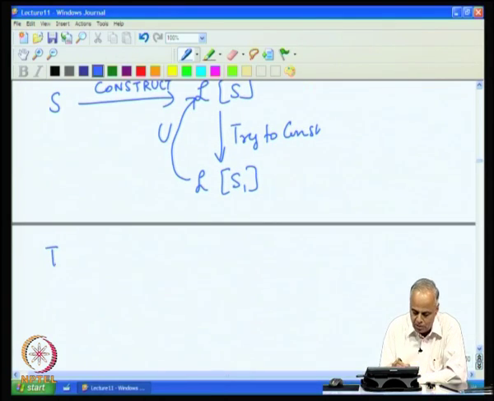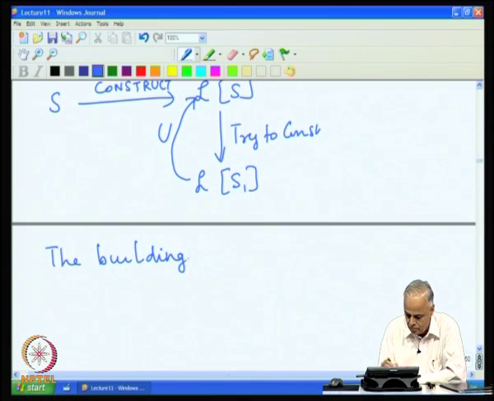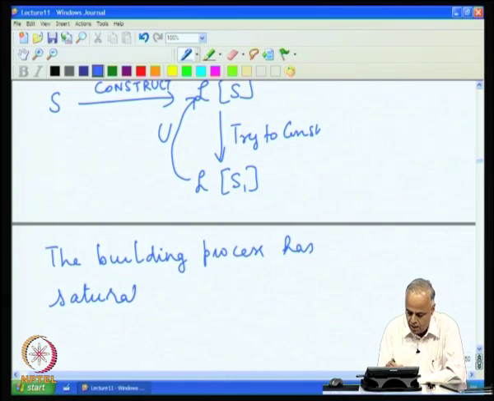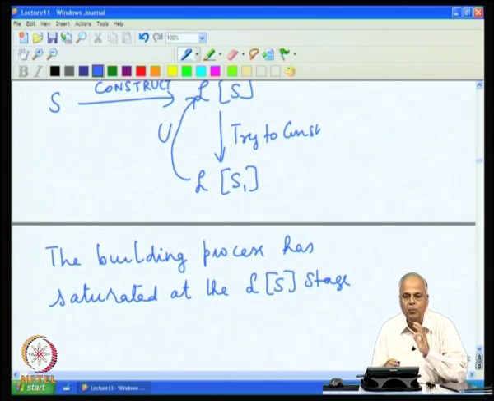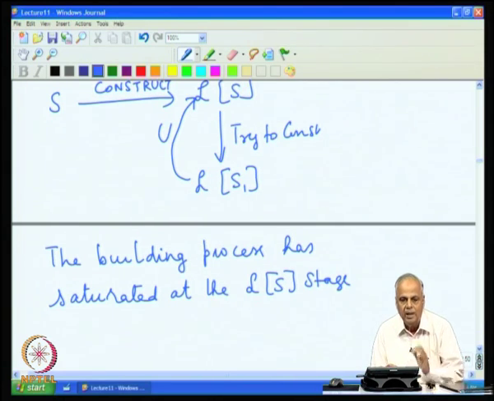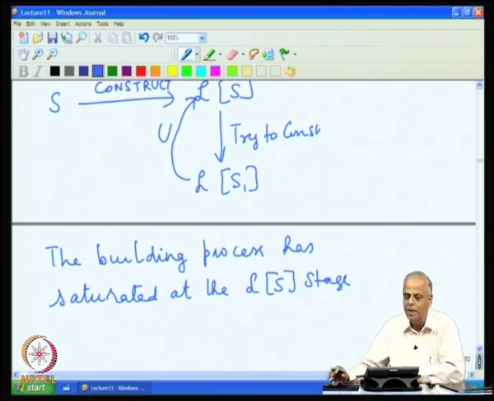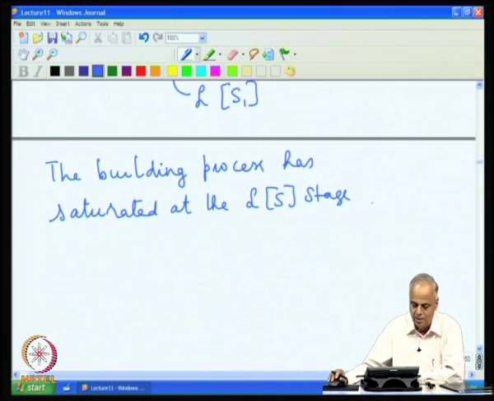So, the building process has saturated at the Ls stage, which means that starting from any finite set S in V, the largest collection that you can build out of this S is precisely LS.